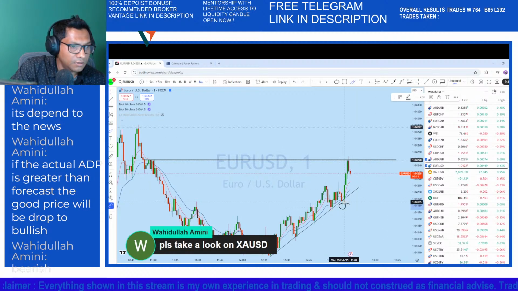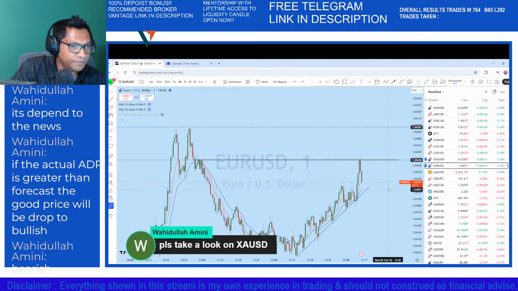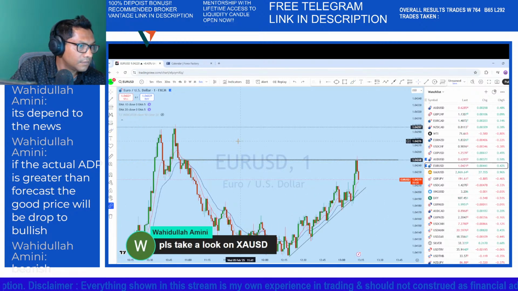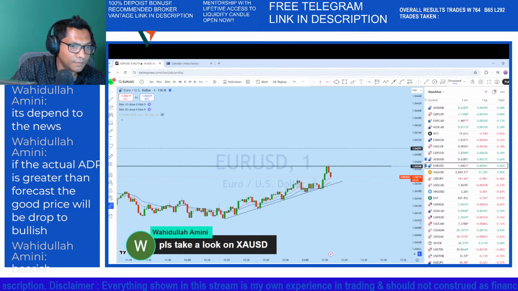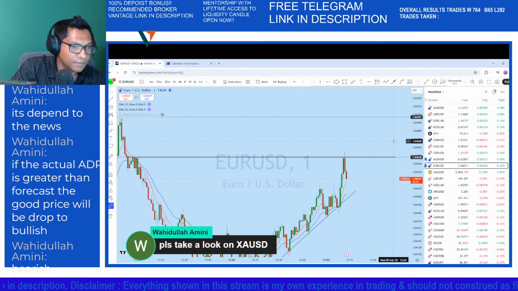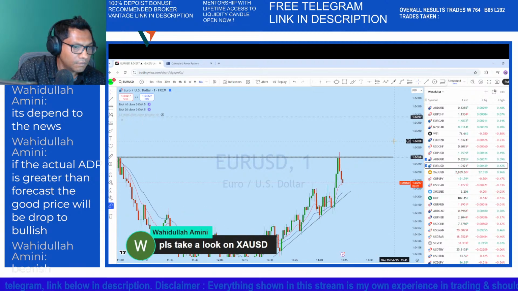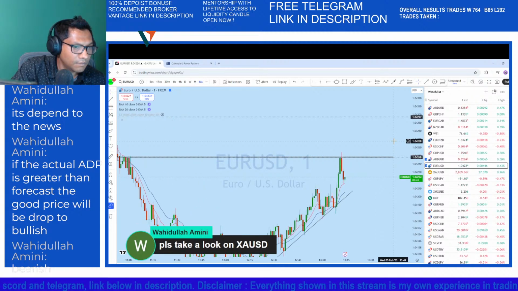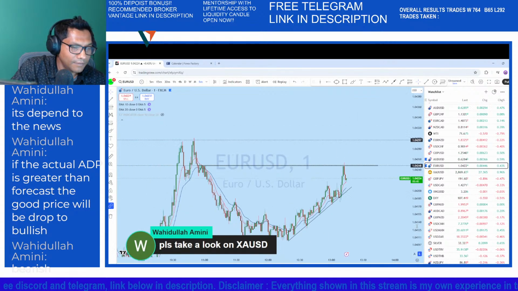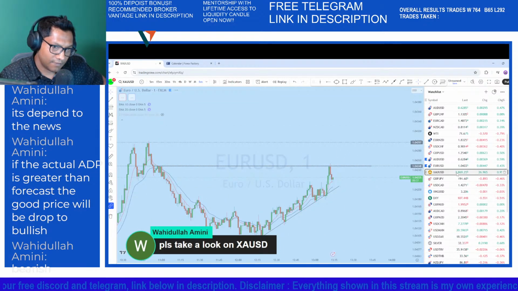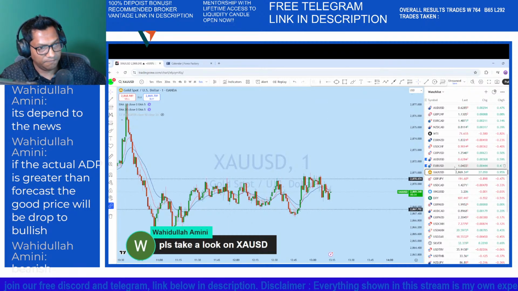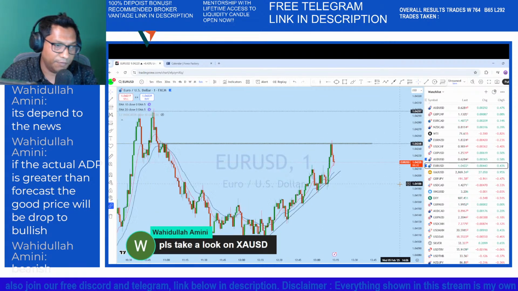From here, this is the impulse. Again, this is XAUSD, not a very impressive market to trade on.